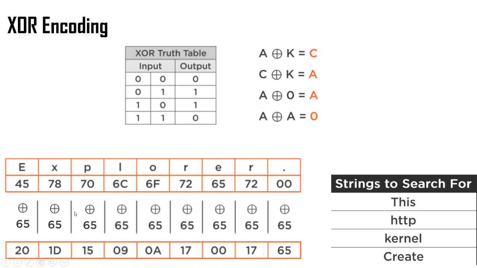Here we can see an example. I am taking the word "explorer." ending with a dot, represented in hexadecimal format: 45, 78, 70, and so on.